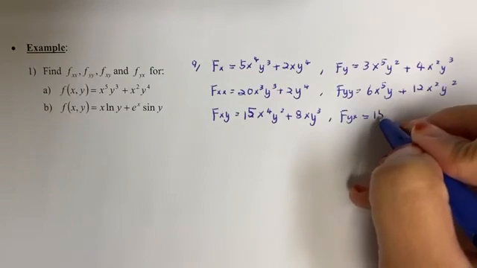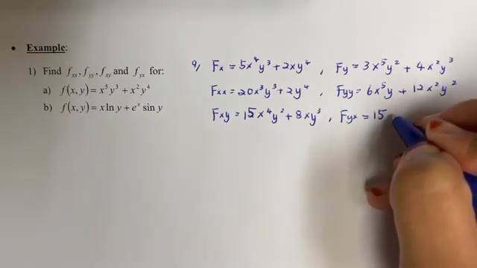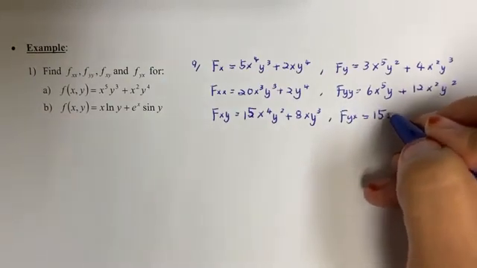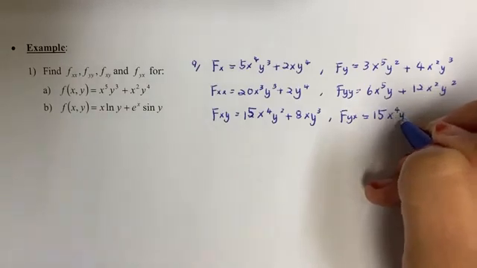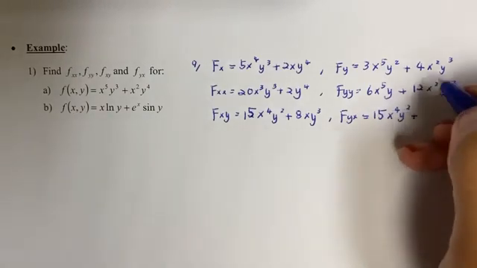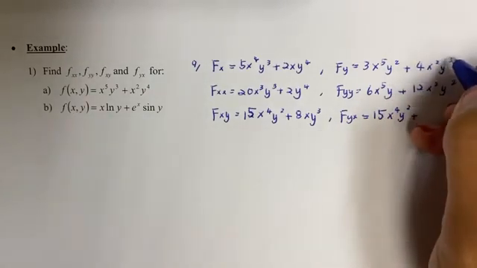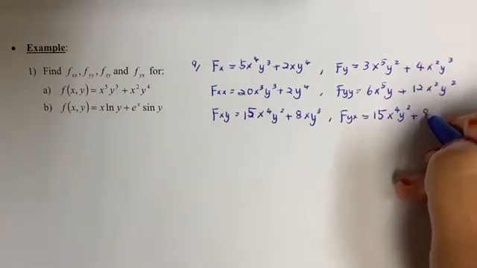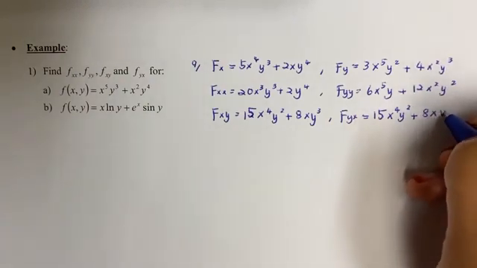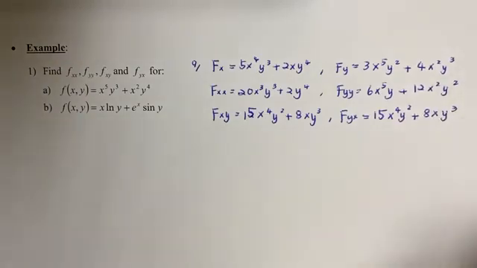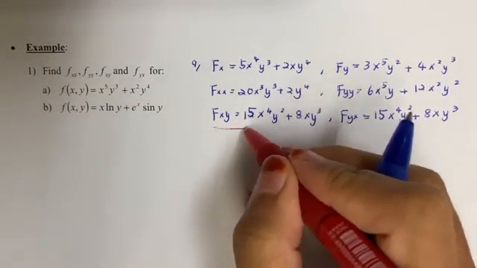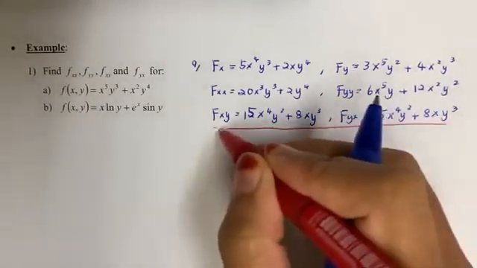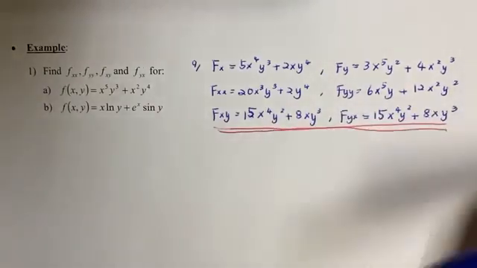Okay, so this one is 15x to the power of 4 y squared plus, we have this one with respect to x, so we have 8x y cubed.